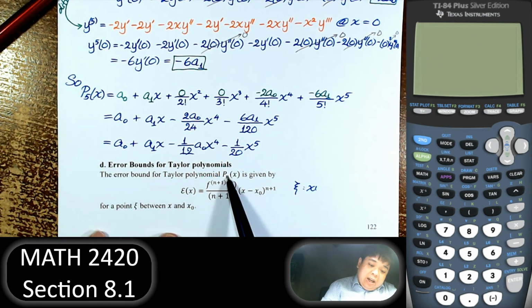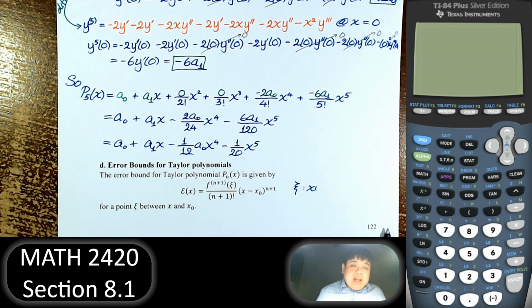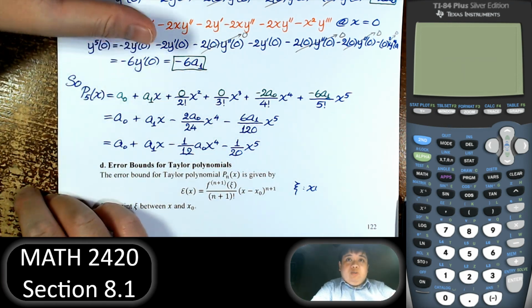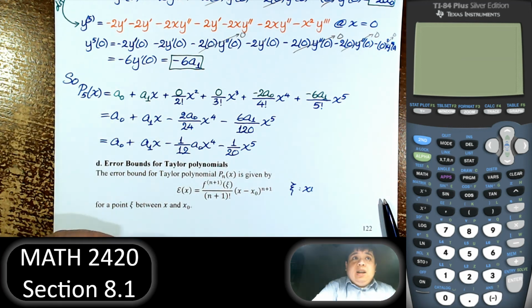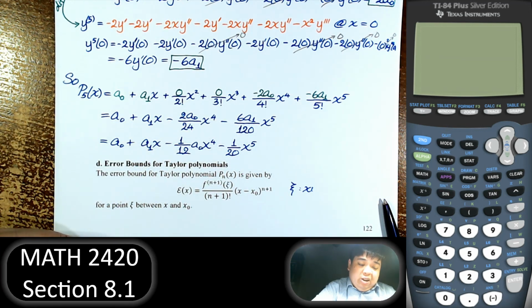If we stop at the nth polynomial, then the next term evaluated at some point between x and x naught is going to be the error of the Taylor polynomial. Right. In this section we don't focus on that because the theorem here is a little bit advanced, so we will not go over that.